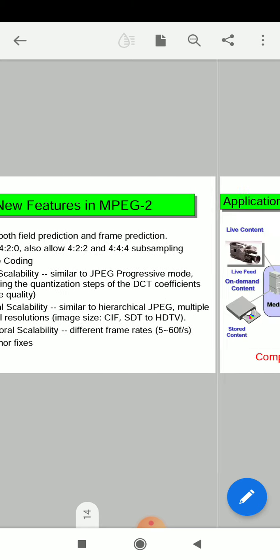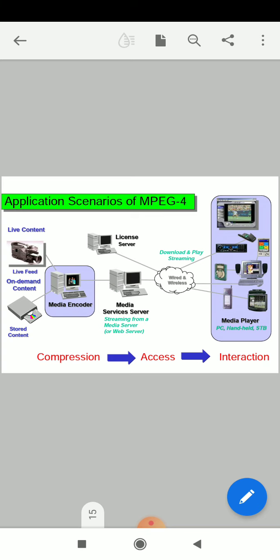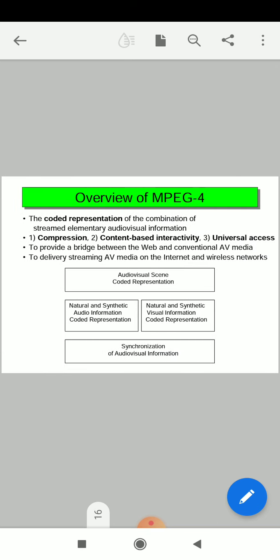Here the application scenarios of MPEG-4, where we are using it, are available in this slide. This is the overview of MPEG-4. It uses audio-visual scene representation, natural and synthetic audio information, and coded signals are also available.